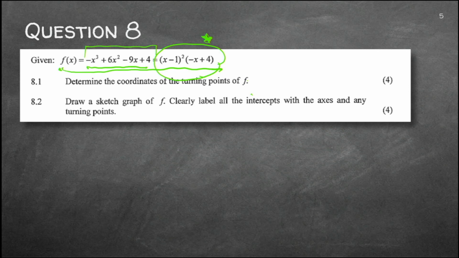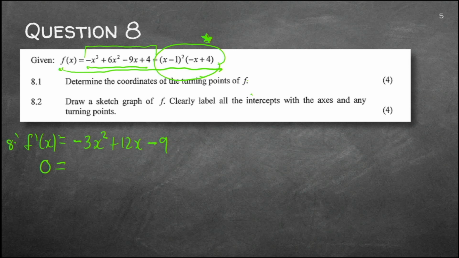So once again, let's first get our first derivative. Bring the 3 to the front, so it's negative 3x squared plus 12x minus 9. Remember, a constant becomes a 0. What do I know? I know at the turning points, the first derivative is equal to 0.